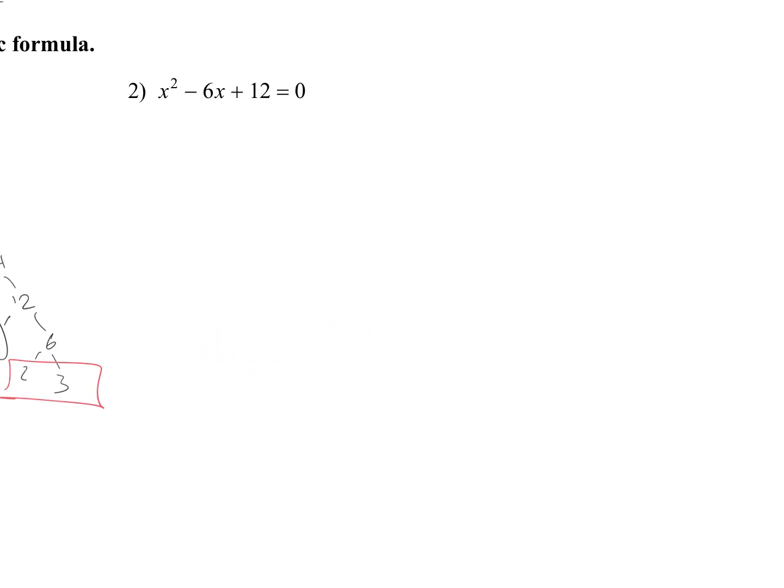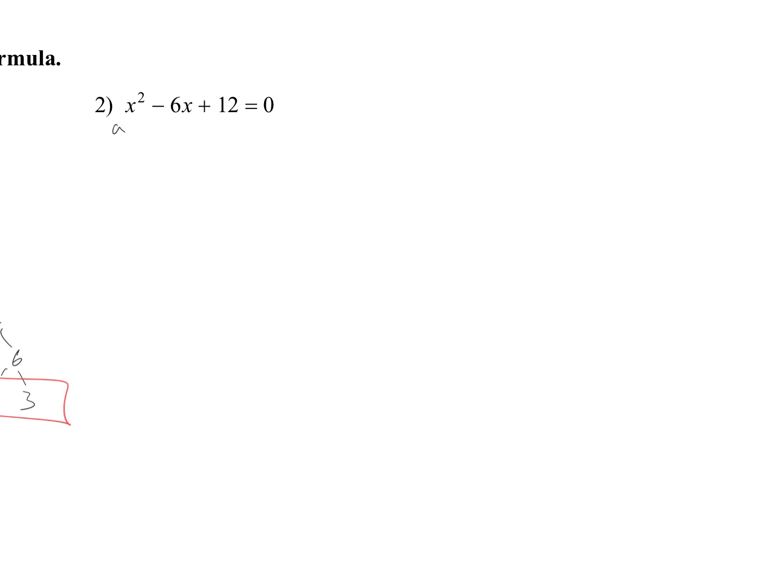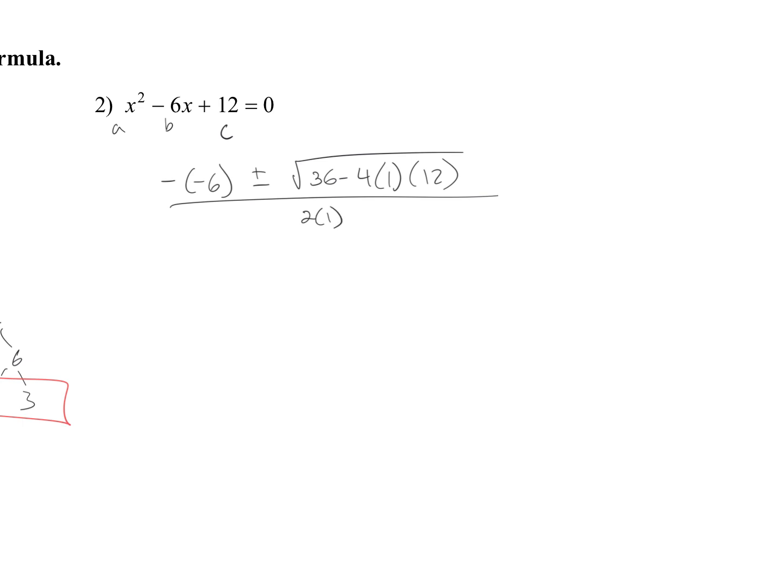For number 2, again, your A is 1, your B is negative 6, and your C is 12. So plugging it in, it's going to be negative 6, plus or minus the square root of 6 squared, so 36, minus 4 times 1 times 12 over 2 times 1.